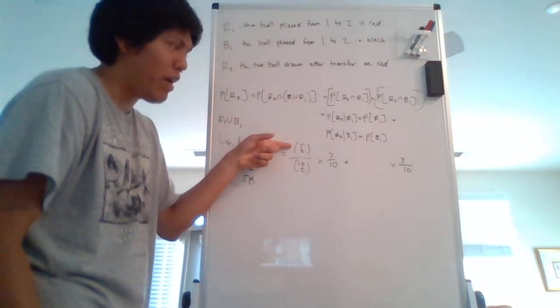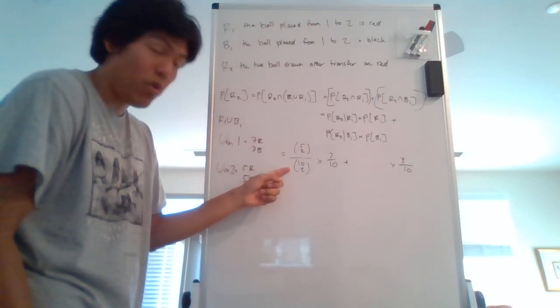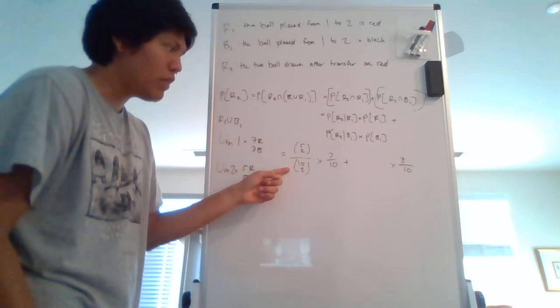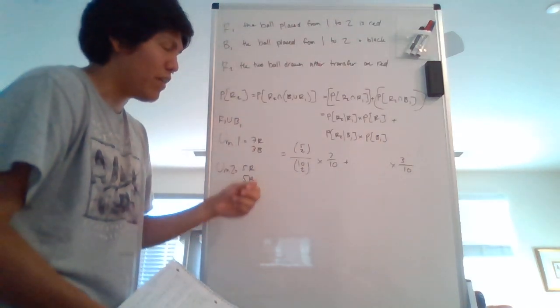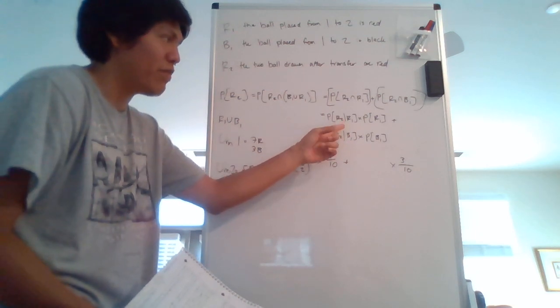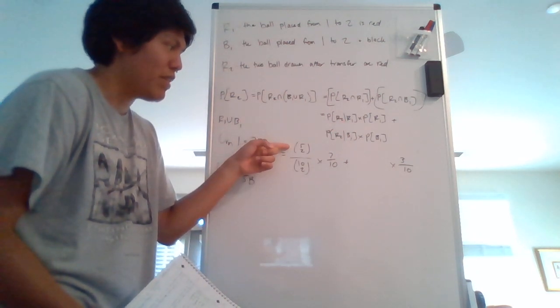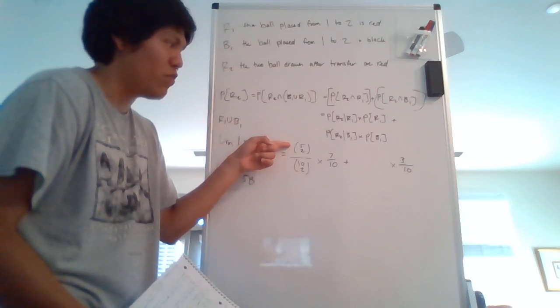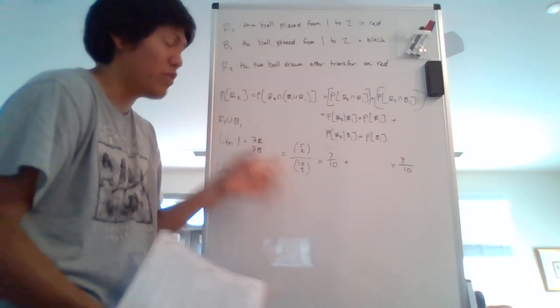Here we're grabbing 2 out of 5 red balls, but here we're grabbing 2 out of 10 total balls. So in order to find this conditional probability, we would need the probability of grabbing 2 red balls from 5 red balls over grabbing 2 balls from 10 total balls.